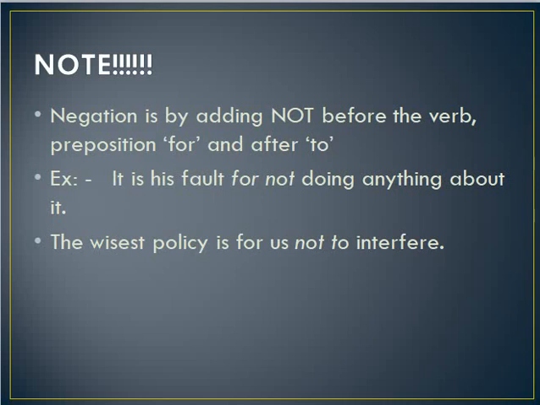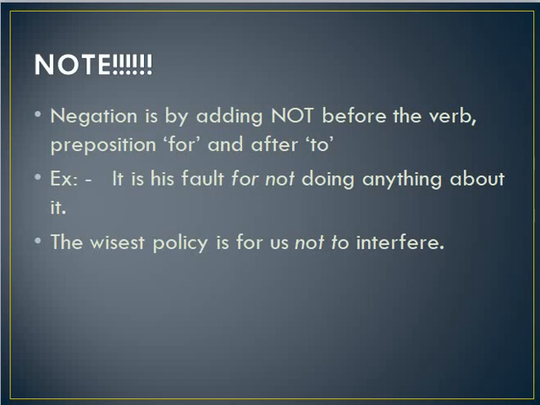So before the verb, the non-finite verb, and the preposition for, and after, when we have the preposition to, we put it after the preposition to, in order to negate this non-finite clause.